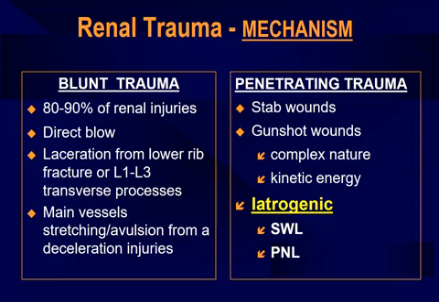Penetrating trauma is in the form of stab wound or gunshot, and examples for iatrogenic trauma are extracorporeal shockwave lithotripsy or percutaneous nephrolithotomy.